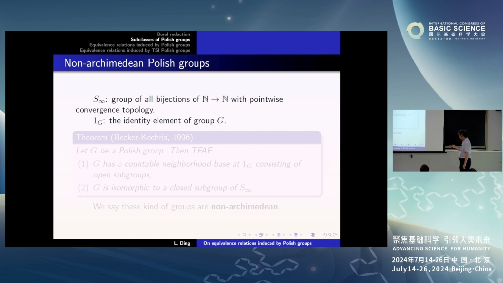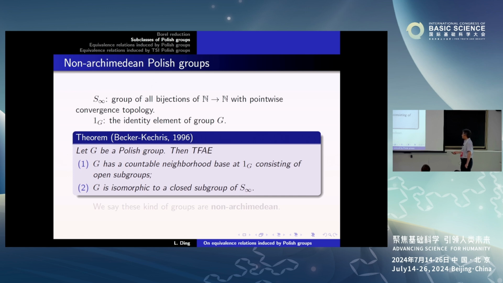But here, S infinity is the group of all bijections from N to N, and the topology is the pointwise convergence topology. This is a Polish space, a Polish group. And for any group G, we denote the identity element by 1G.